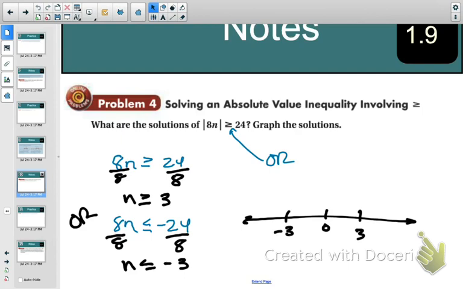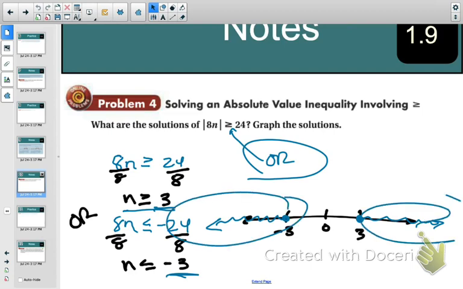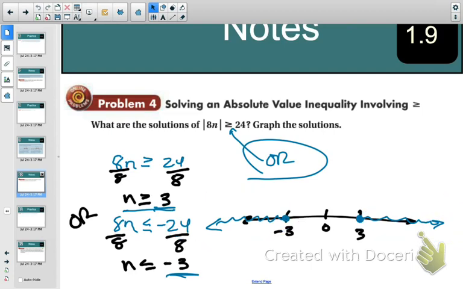It's not really necessary to draw all the tick marks as long as you know where the numbers that you care about are, like 3 and negative 3. These are equal to, so I'm going to put a closed circle here. And this one says n is greater than positive 3, so it's going to shade to the right. This one says n is less than negative 3, so we're going to shade to the left. And it is an OR problem, so we're just going to leave it like that. So it's either this part or this part.